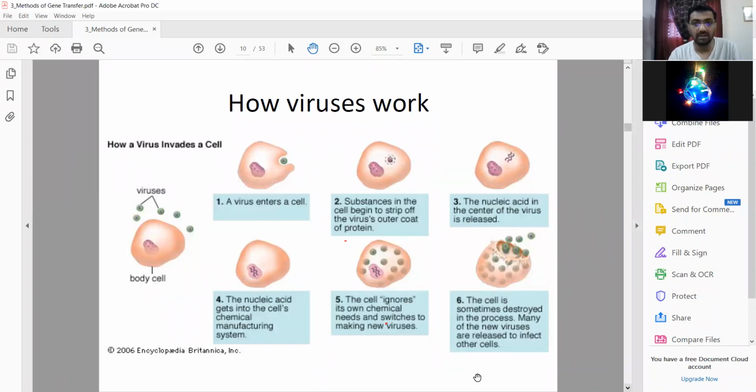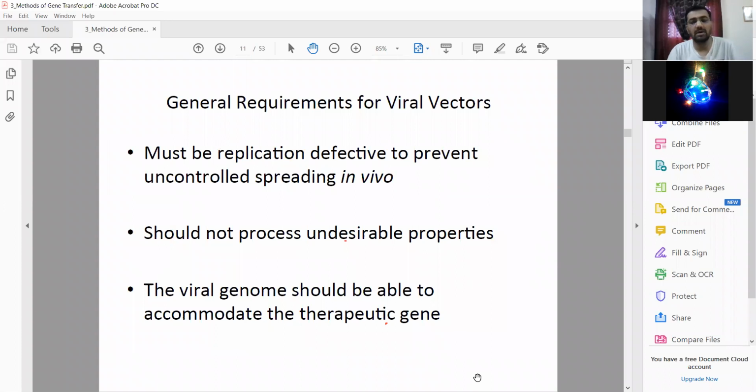So moving further, what could be the general requirements of our viral vectors? We need a viral vector which is deficient in replication, or which has controlled spreading in vivo. It should not replicate tremendously within the living cell if it enters the cell.